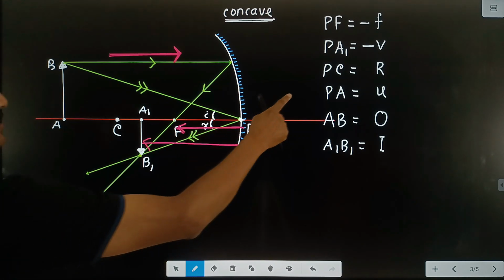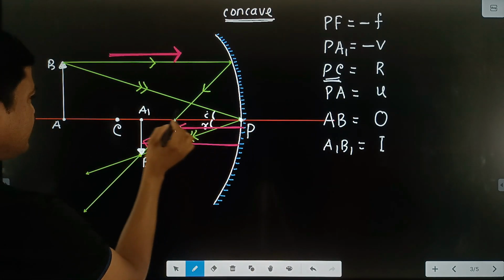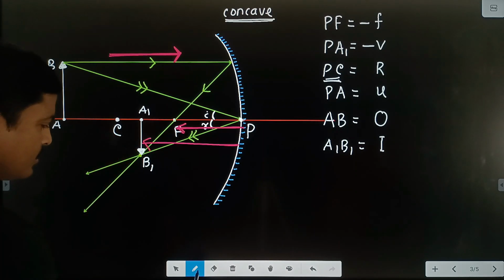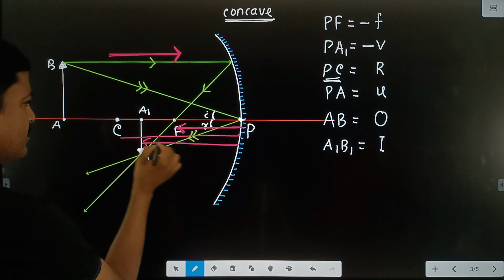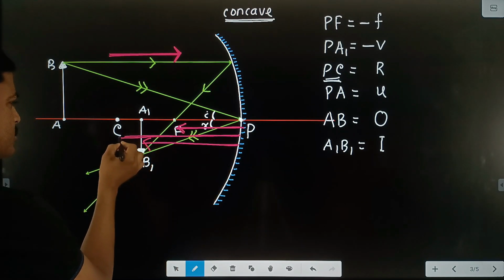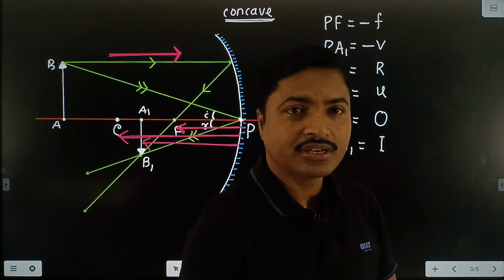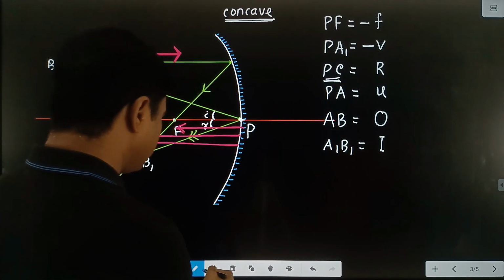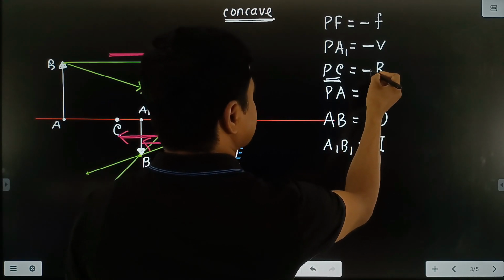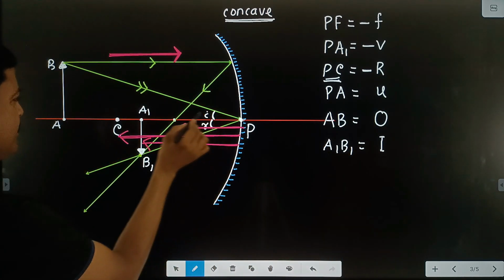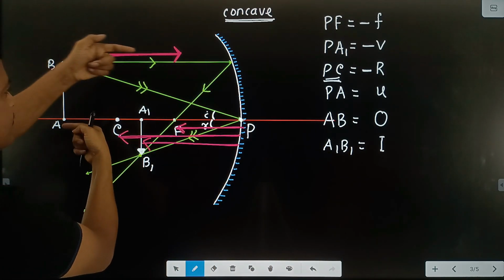Similarly, P to C, P point to C point, and here we measure P to C just opposite to the direction of the incident ray, so here also the sign is negative. Similarly, P to A, the measurement is just opposite to the direction of the incident ray.